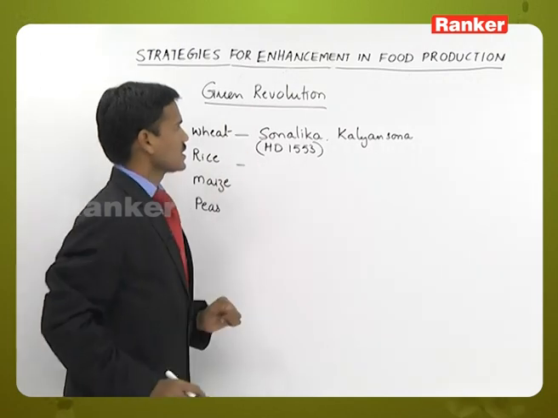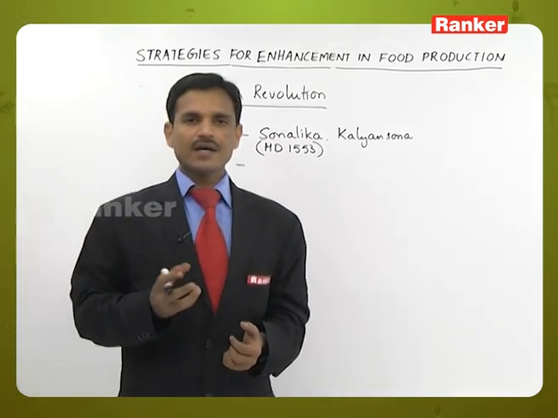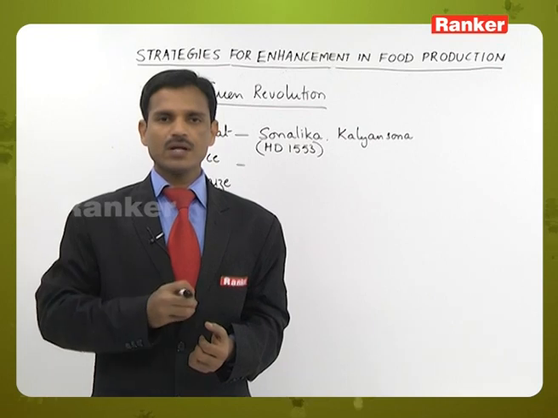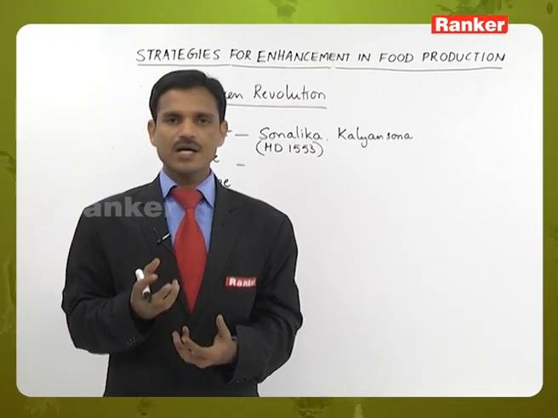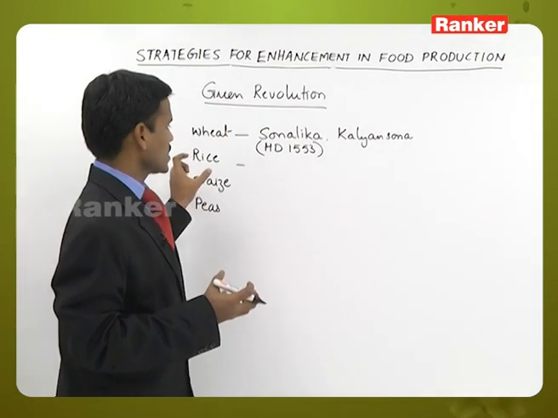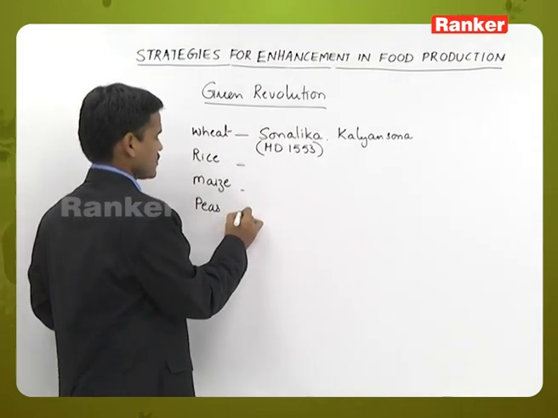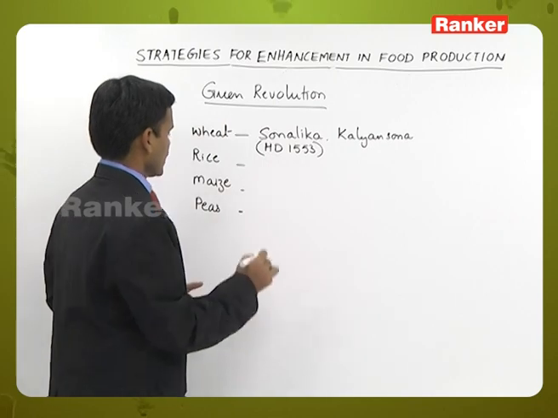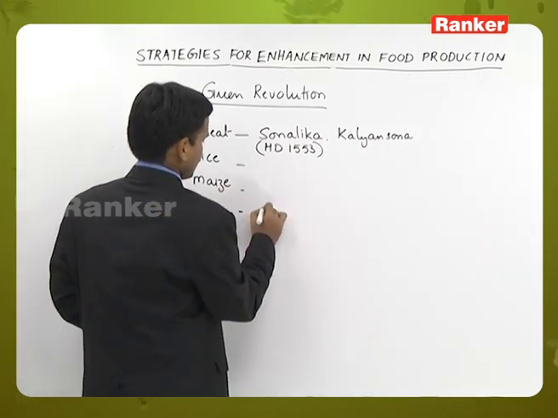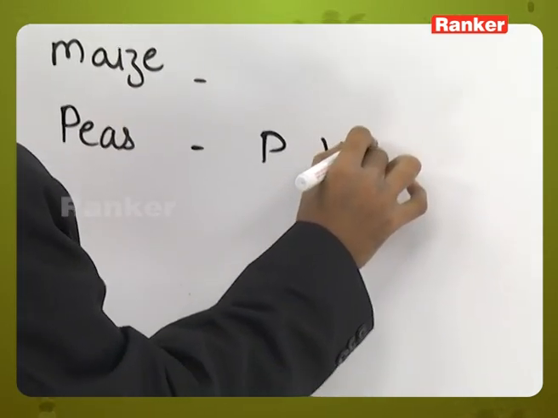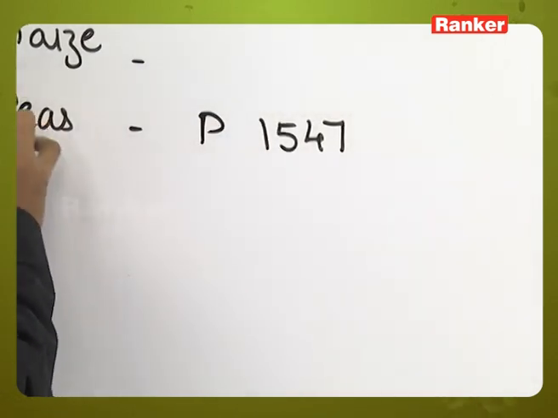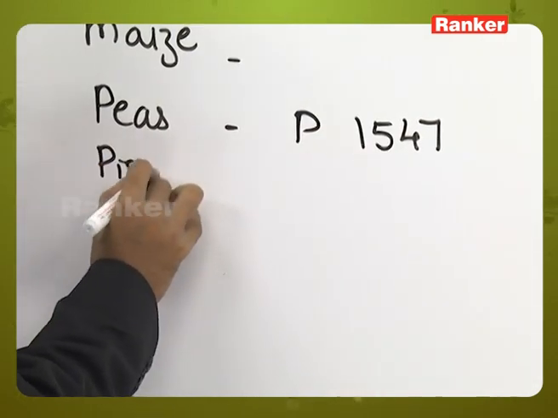Rice varieties like IR8, Taichung Native 1, Jaya, Ratna were also developed. Some maize varieties were developed, and the pea variety P1547, a Pisum sativum variety.